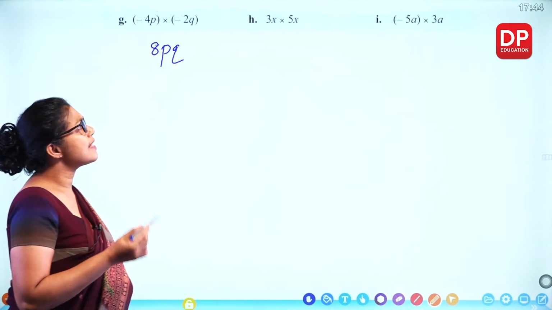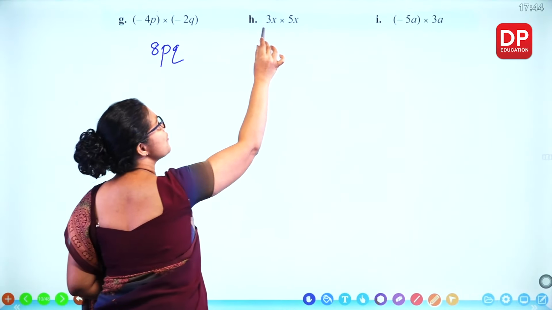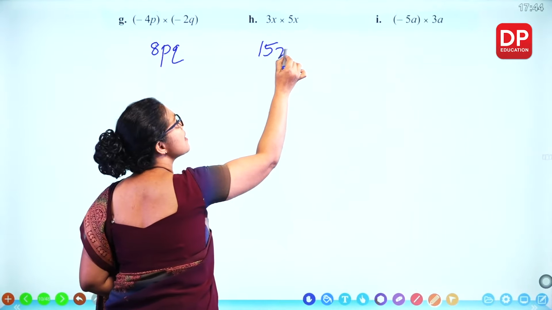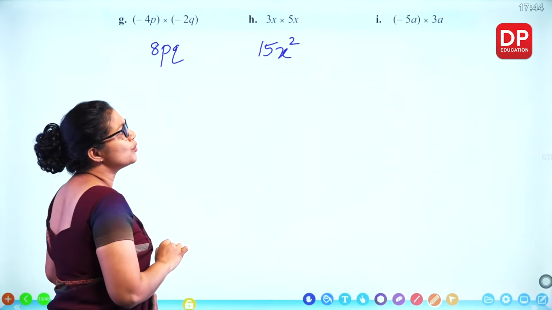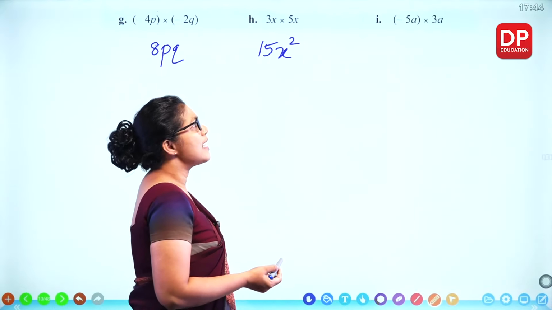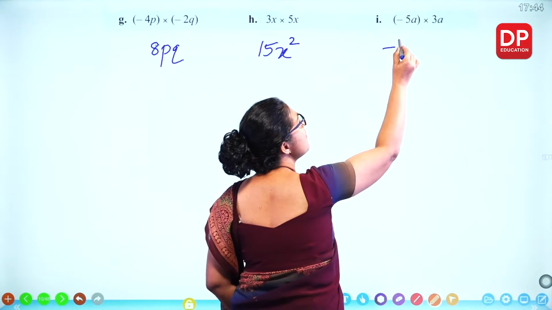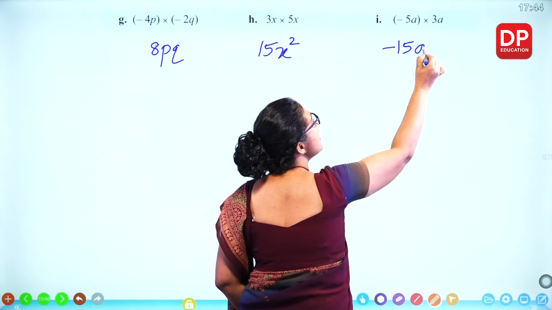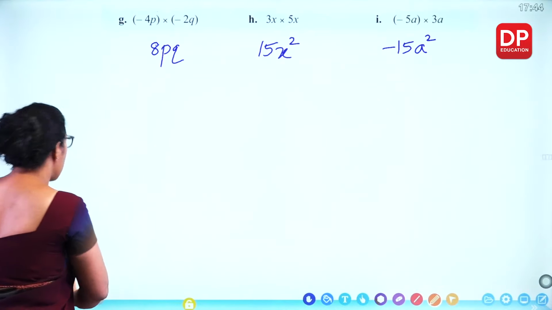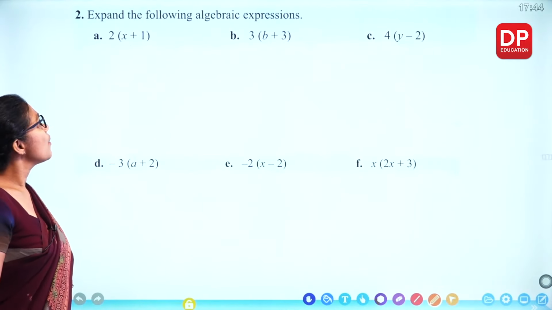This one you get the same x value. So first, 3 times 5 is 15. x into x becomes power 2. And in this case, minus 5 into 3, negative and positive becomes negative. Negative 15a squared.